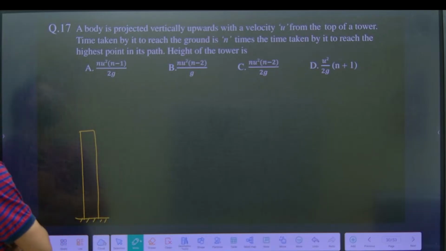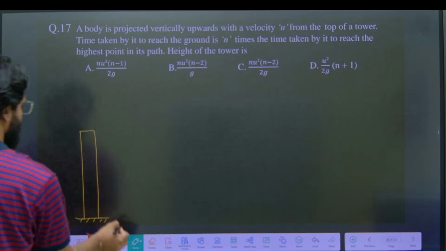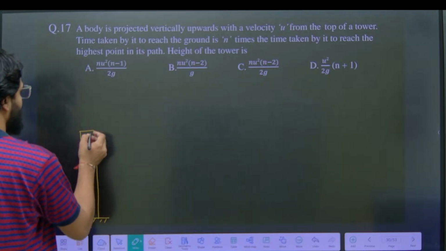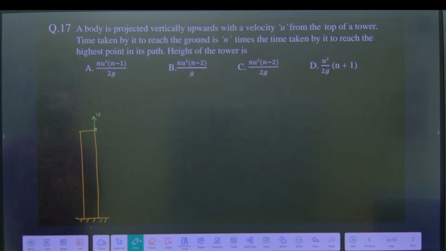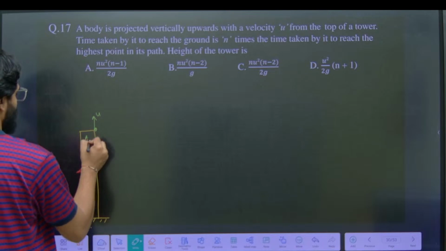So the questioner is saying you are projecting this body with initial velocity u from the top of the tower, and let's say its height is h. This is what we have to calculate.